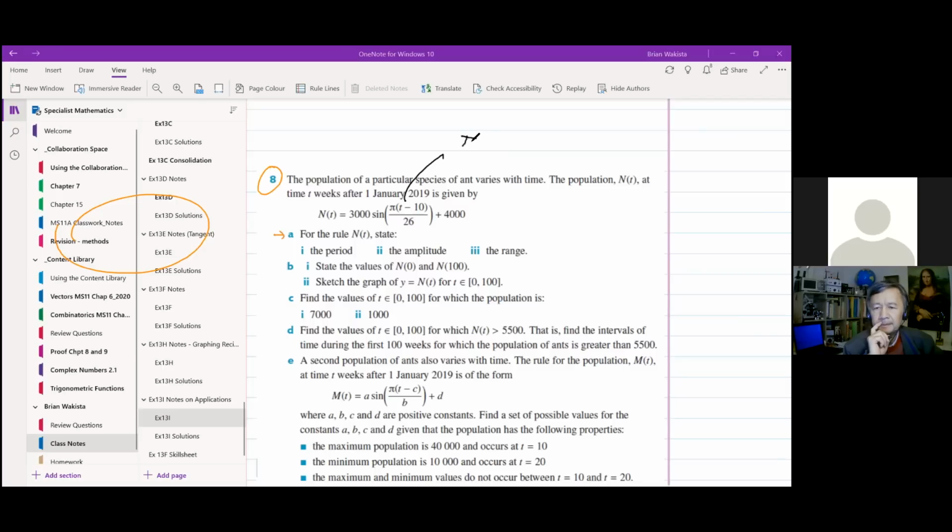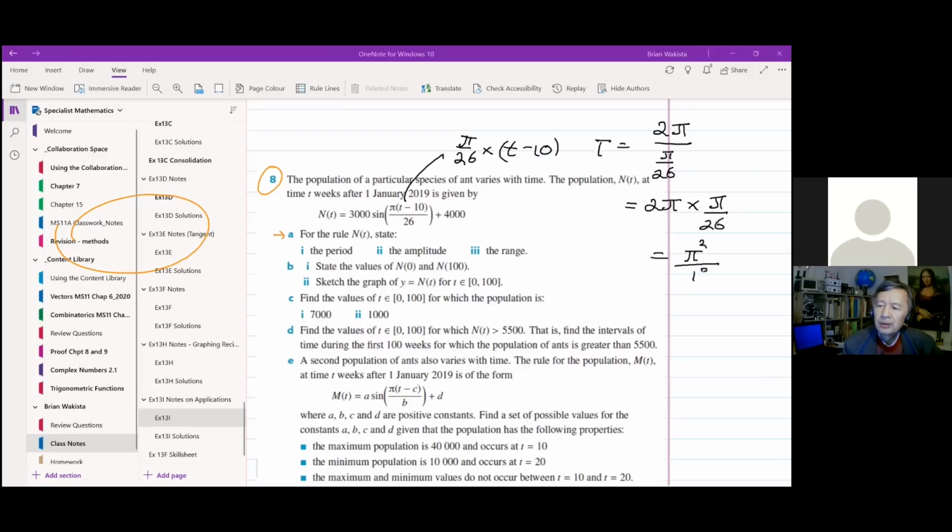Pi over 26 times t minus 10. So would the period be 2 pi over pi over 26? Yep, that's right. Or just divide by 13.